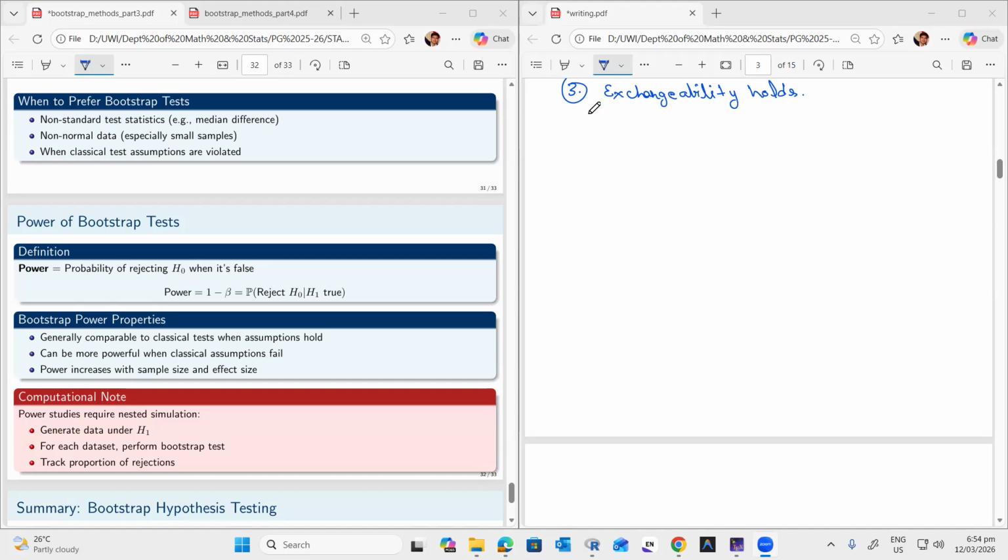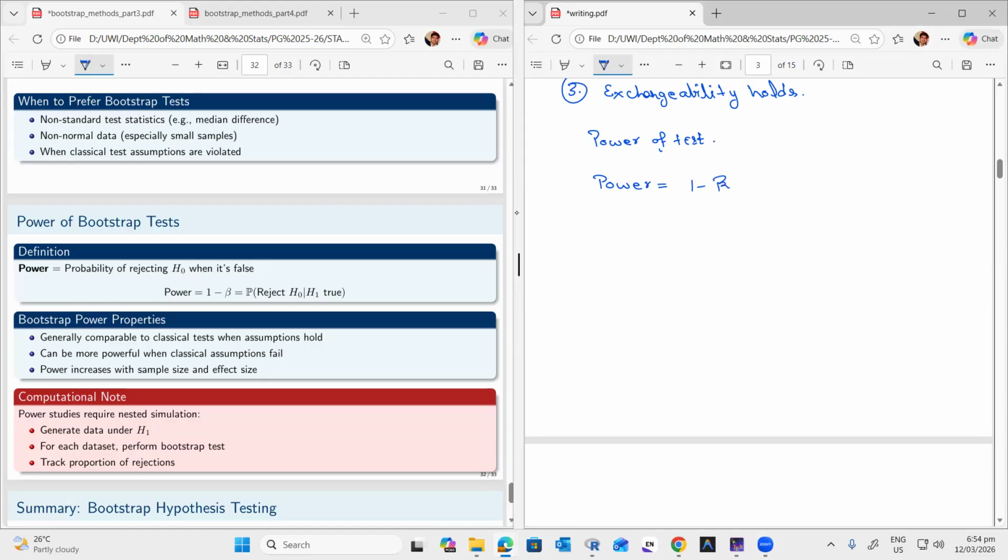So, the power of the bootstrap test. I hope all of you know the definition of the power of the test in testing of hypothesis. The definition says that power is 1 minus beta, which equals the probability of rejecting H0 when H1 is true.